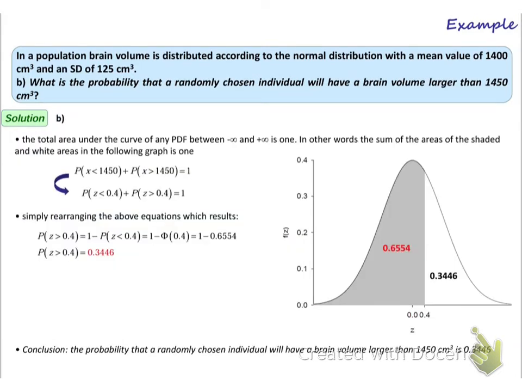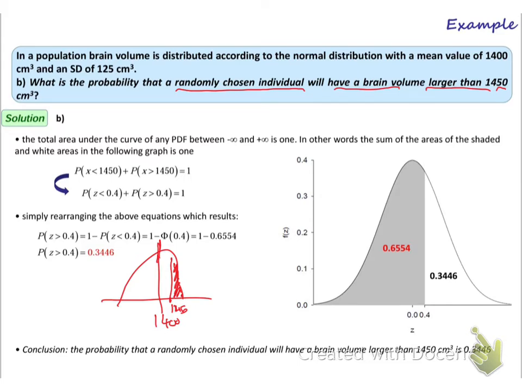So here in this example, he asks: what is the probability that a randomly chosen individual will have a brain larger than 1450? So the same thing which I have here, 1400 and 1450. He wants this area on the right, but I cannot have it because I have to convert it into the standard normal distribution.